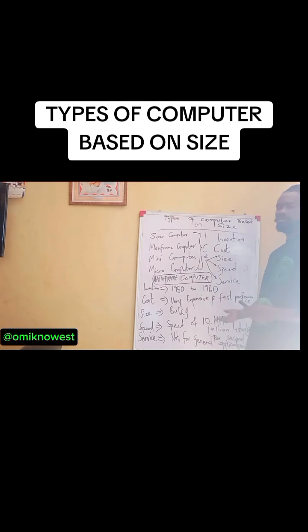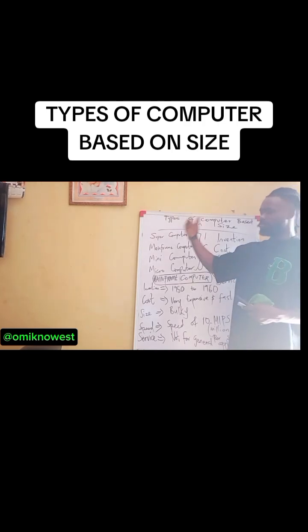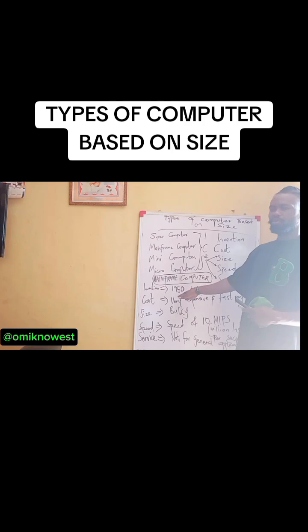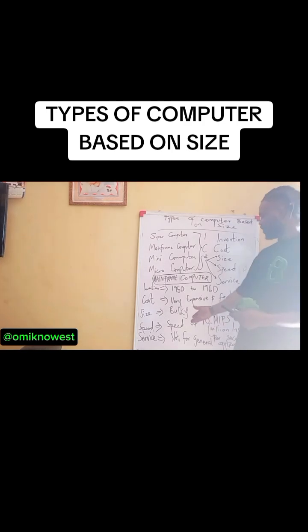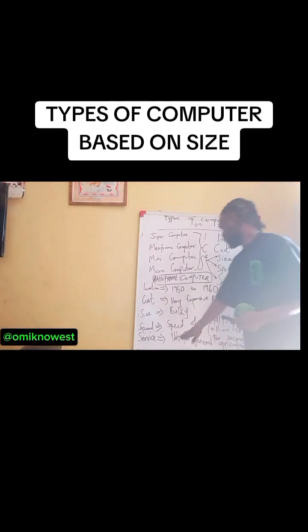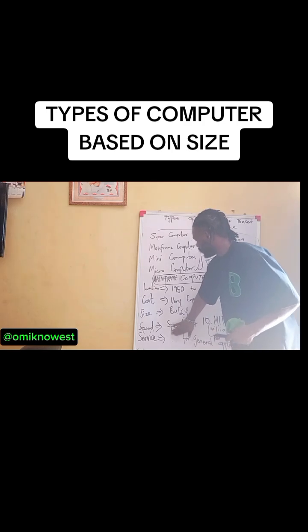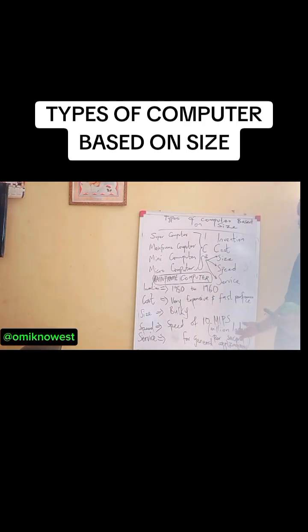They were very expensive and have fast performance, yes, though not compared to supercomputer. Supercomputer is faster than the mainframe computer, and much more expensive. But this one is still expensive. It is bulky, it is big. Speed, yes, it can run at 10 million instructions per second. Then for service, it can be used for general applications or general computing.